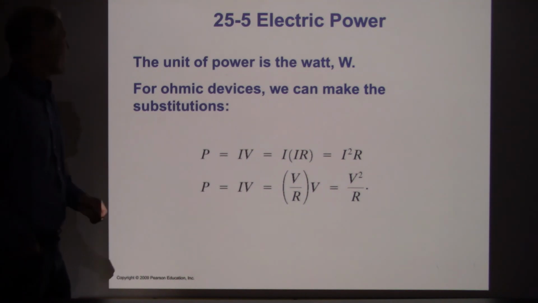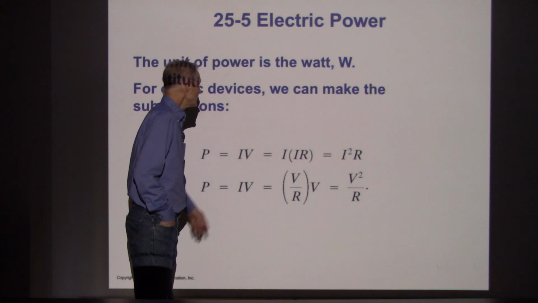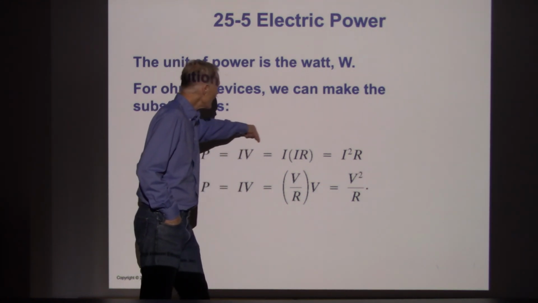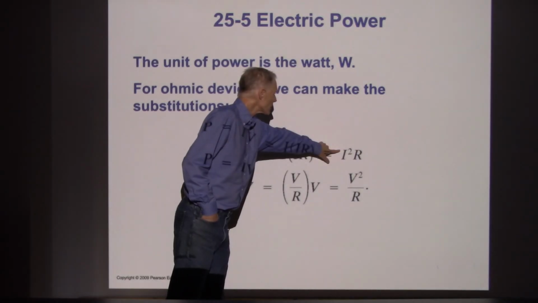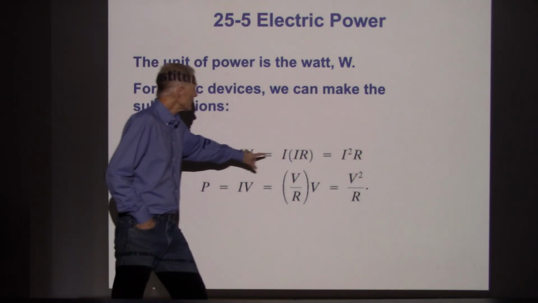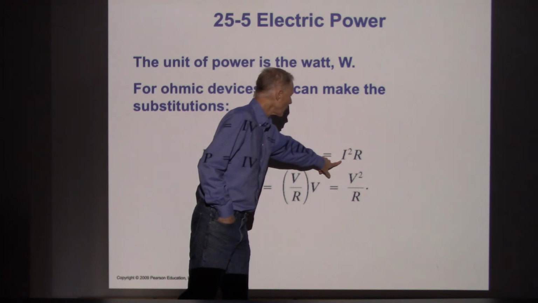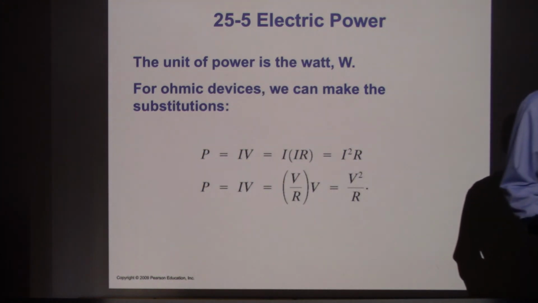And so the power can be written as I times V, or V times I. And if I take the V and substitute in I times R, that's R times I squared. So power could be written as IV, as I squared times R, or as V squared over R. Any of those will work.